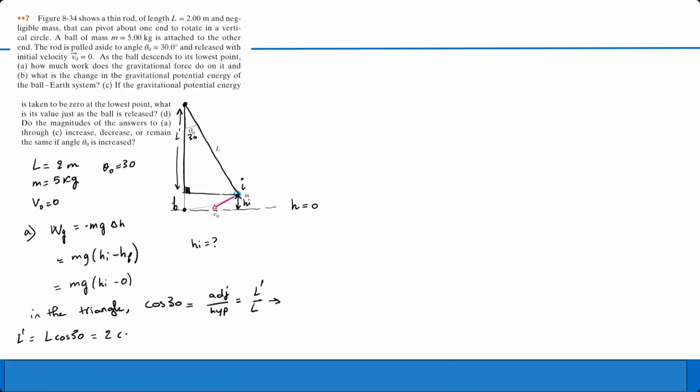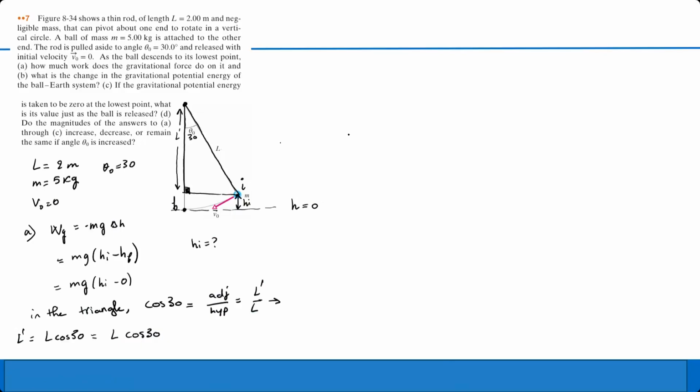This will be 2 cosine 30. I can calculate that, or let's leave them in terms of unknowns because it's interesting to see the relationship. So I found L prime. What I want is this height here. How can I find this height? This height is actually this whole length minus L prime.